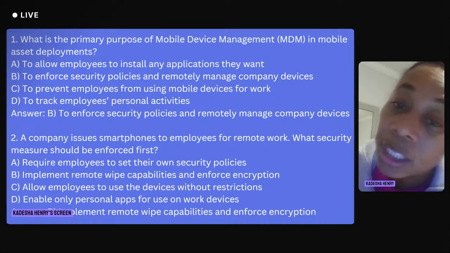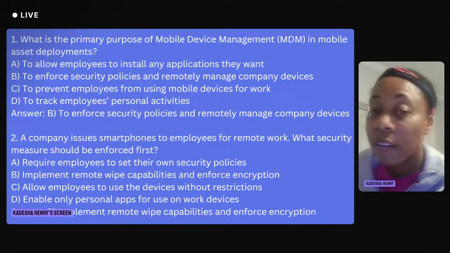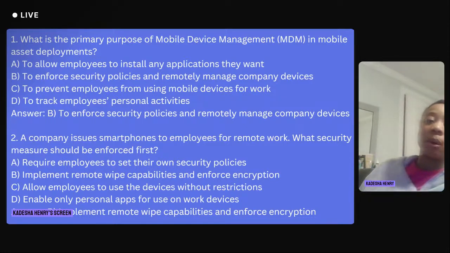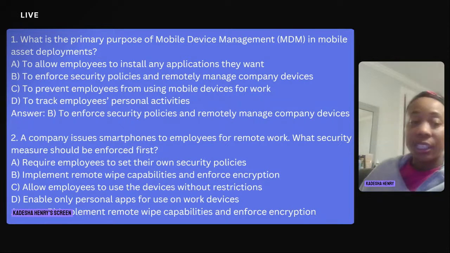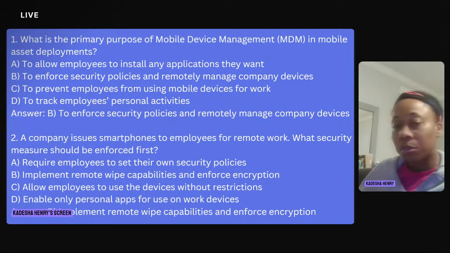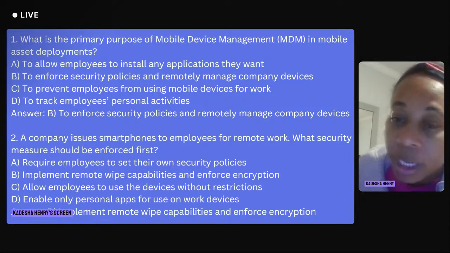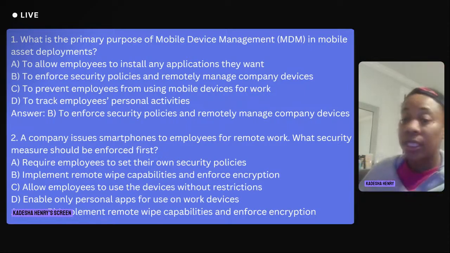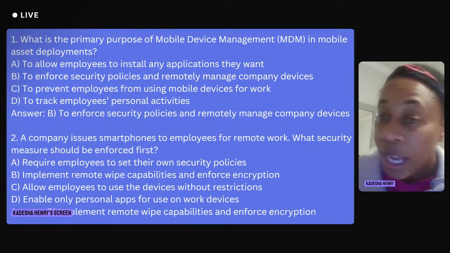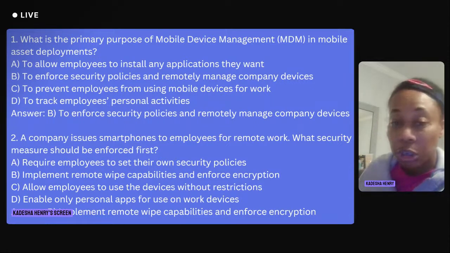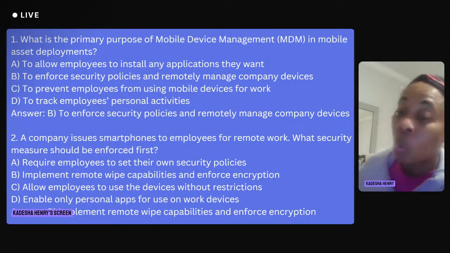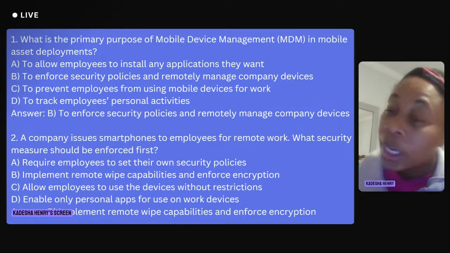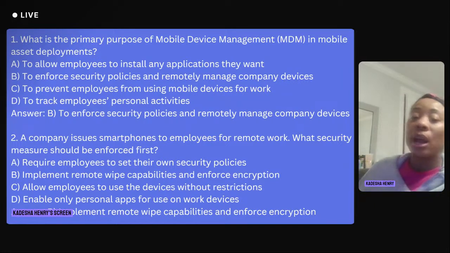We can allow installation, but there has to be a restriction of applications. Remember we talked about restricting what they can install. So what we are basically trying to do is enforce security policies and remotely manage the company's devices. The MDM is all about enforcing security policy and remotely managing the company's devices. We want to see what you are doing on our devices, so we are remotely controlling the devices.